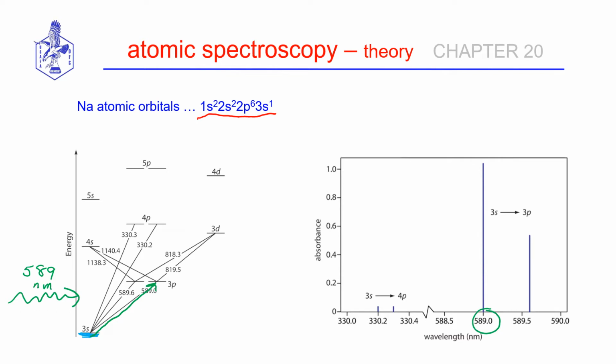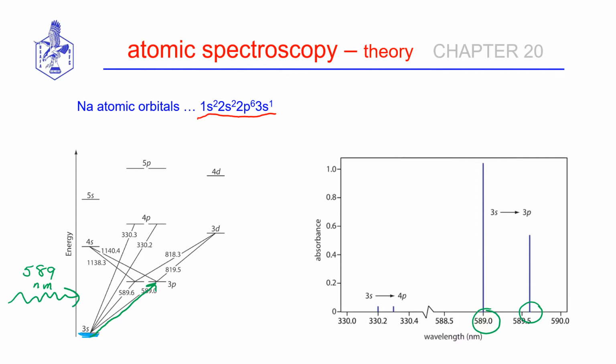This is what's known as the characteristic line spectra of sodium, and so you will see these very narrow absorption bands at these different wavelengths due to the excitation of that one electron up into other orbitals.